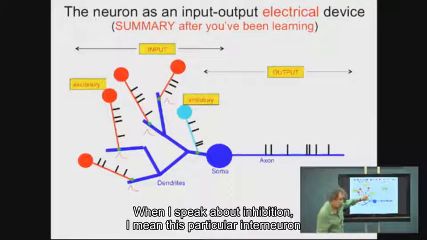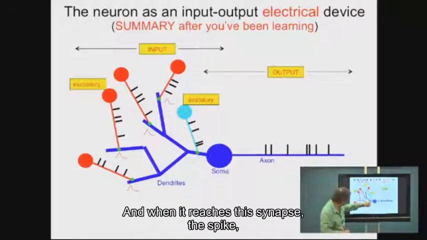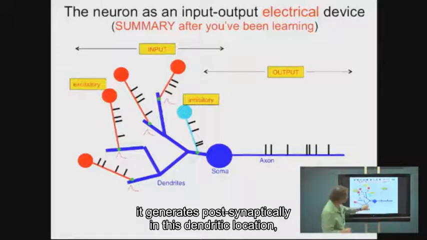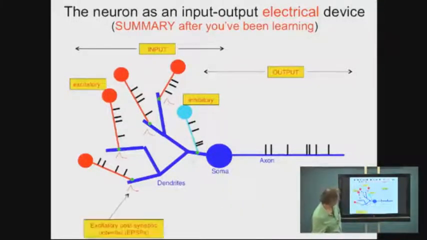When I speak about inhibition, I mean this particular interneuron, typically local, sends a set of spikes that reach this synapse. And when the spike reaches this synapse, it generates postsynaptically in this dendritic location a negative signal, an inhibitory postsynaptic potential.